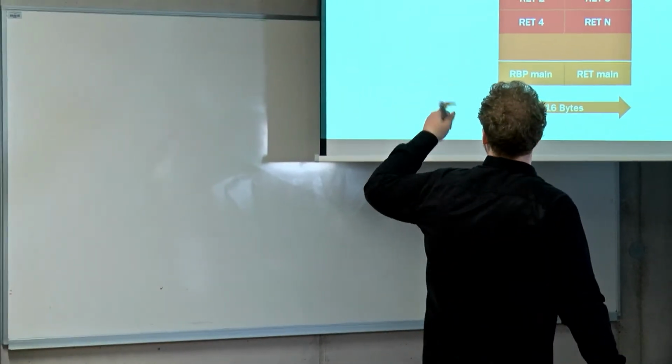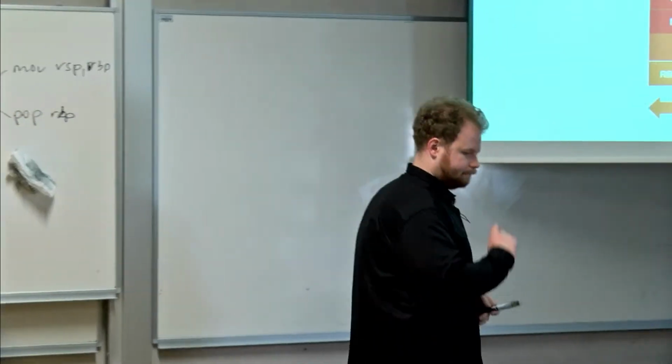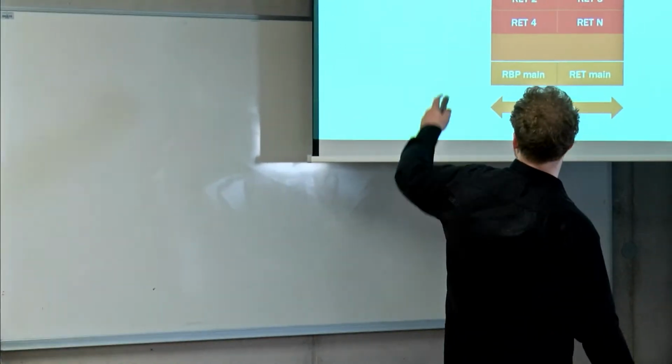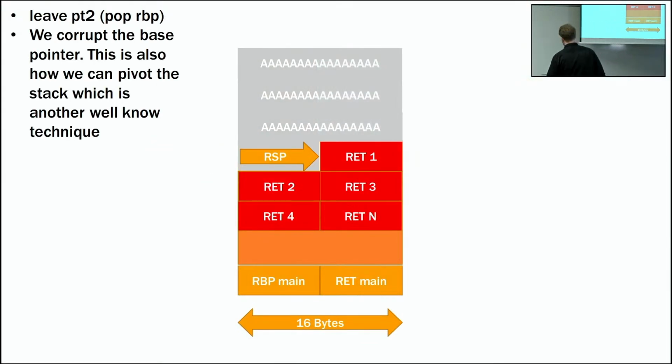But oh yes, here we've done something also. You can see that the base pointer, which was here present on the screen, is not anymore. Why? What happened to the base pointer? The second part of the leave command.